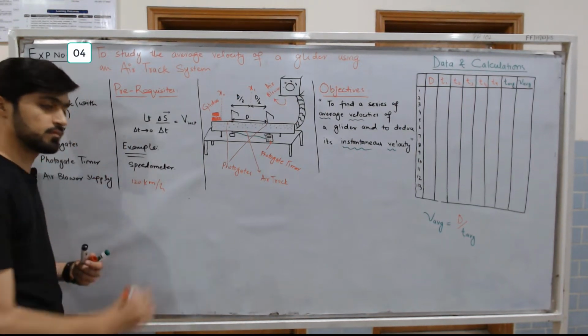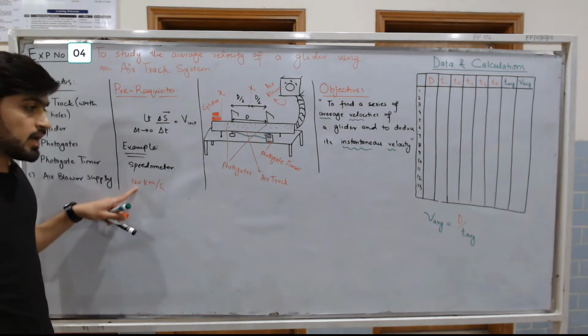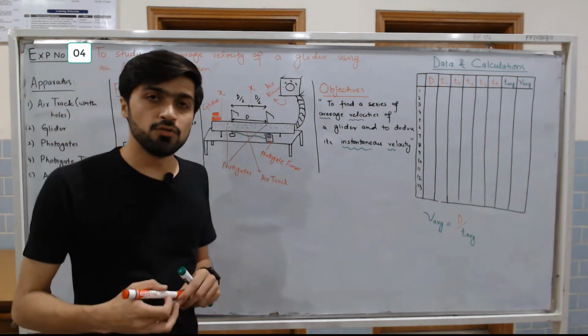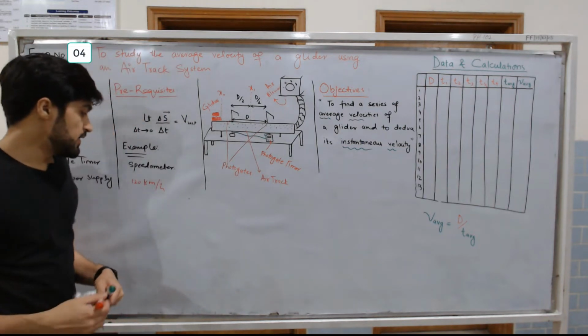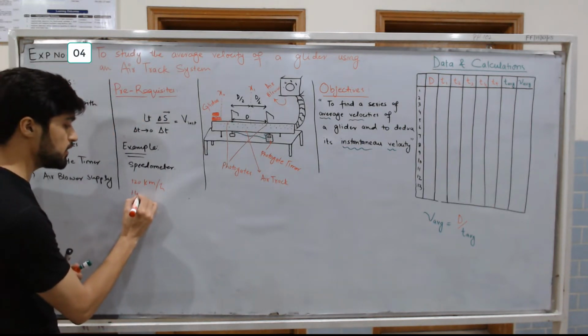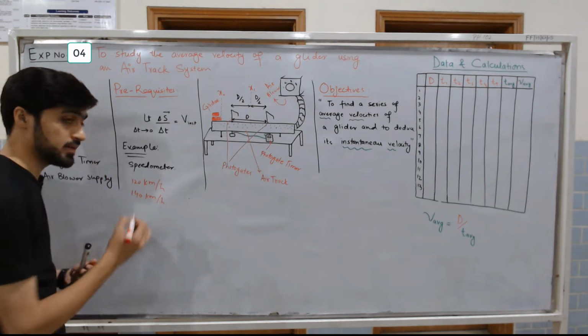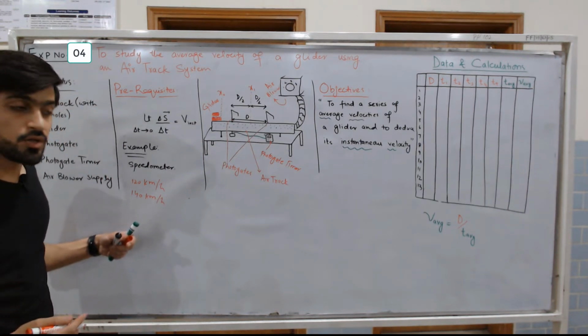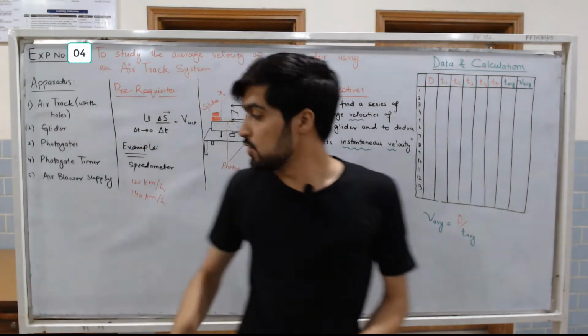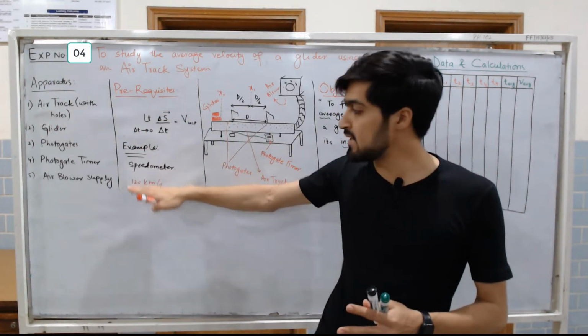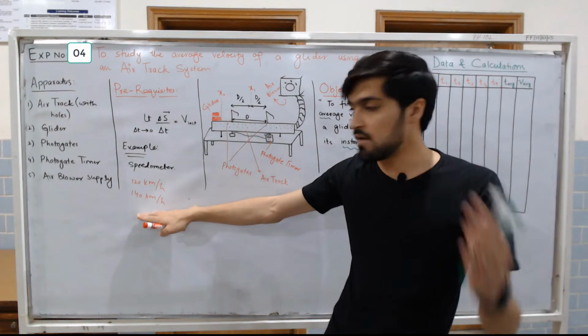After some time, if I ask again what your speed is, you will say my speed is now 140 kilometers per hour. Maybe you are accelerating, maybe it's constant. Whenever I ask you your speed, you just look at the speedometer and tell me the velocity of the car.